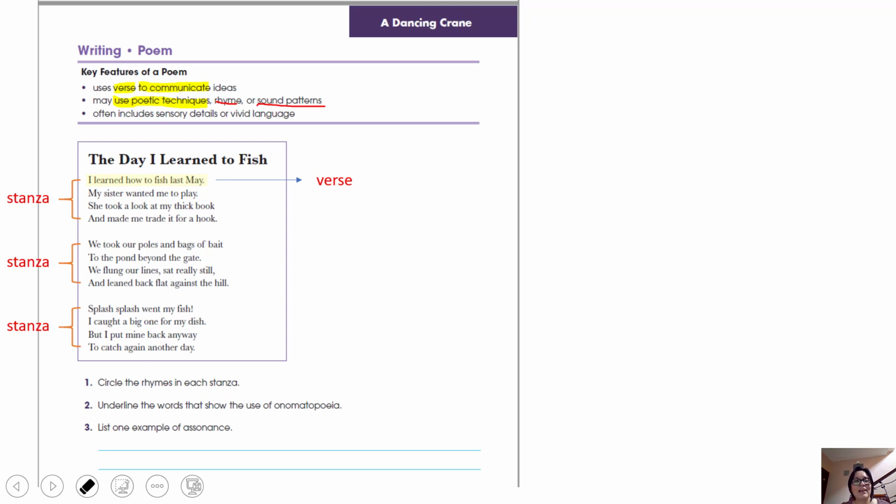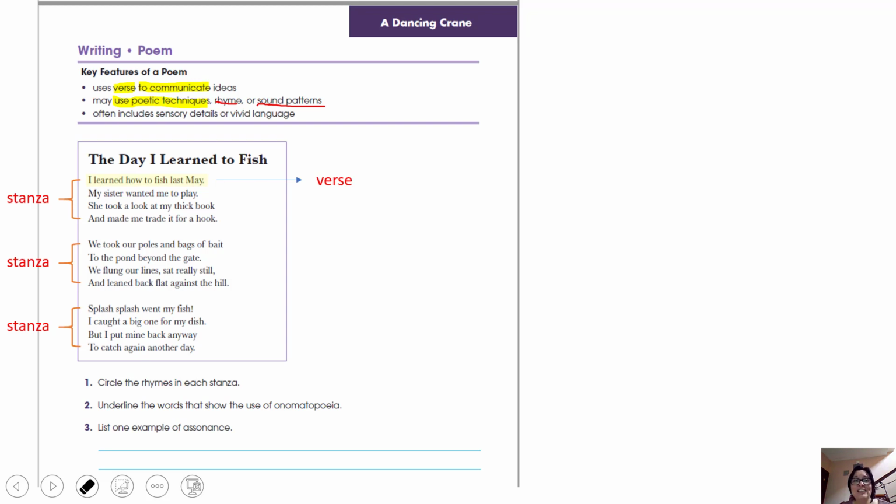Second stanza. We took our poles and bags of bait to the pond beyond the gate. We flung our lines, sat really still, and leaned back flat against the hill. Third stanza. Splash, splash, went my fish. I caught a big one for my dish, but I put mine back anyway to catch again another day.